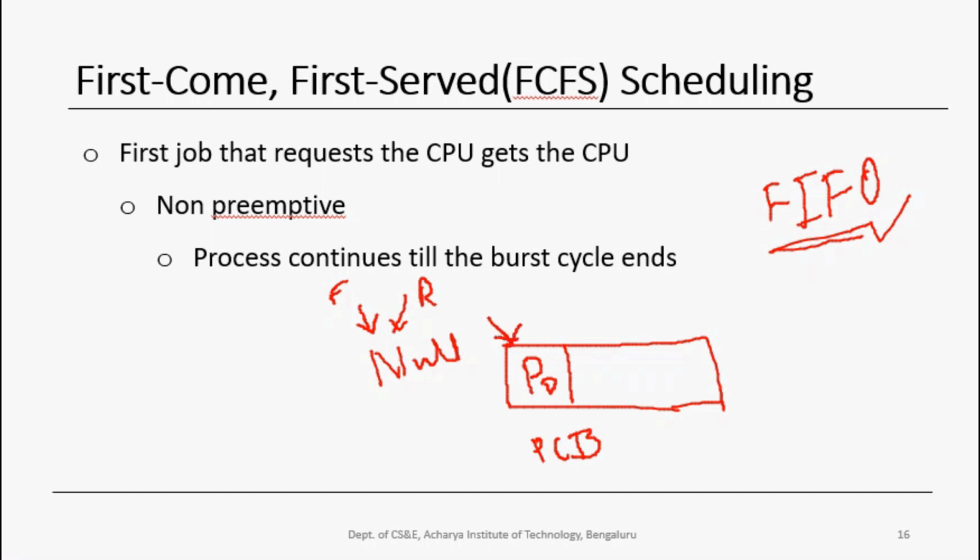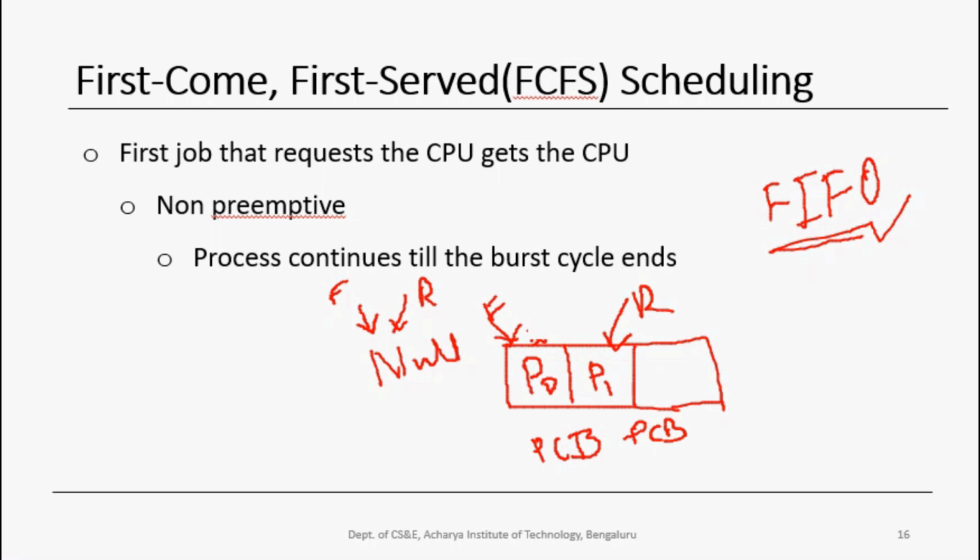So both F and R would be pointing to the PCB of P0. Similarly, the next request comes from, let's say, process P1. So this rear pointer, let me erase it, will now start pointing to P1, in the sense that a pointer to the PCB of P1 is placed here. Similarly, this queue grows.